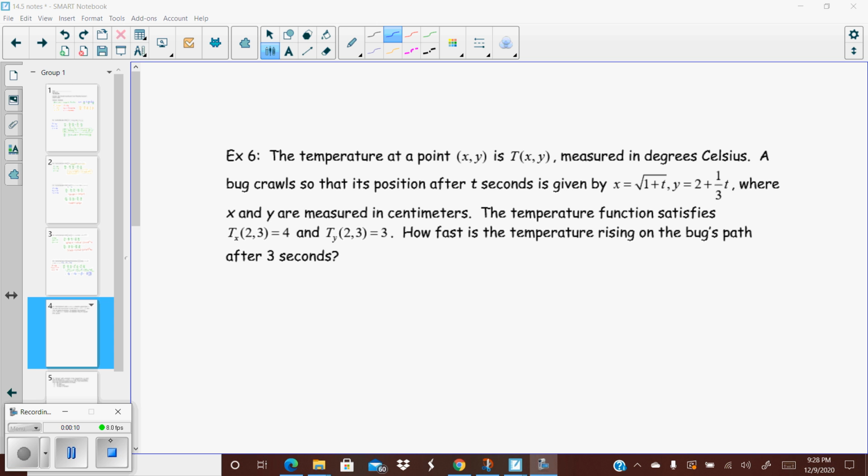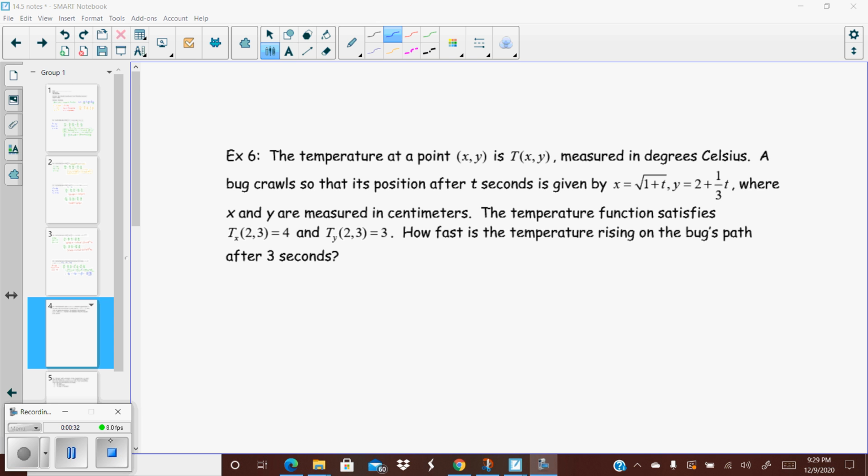This next problem, I always kind of giggle because for whatever reason, this is the common problem with this particular author. You get this problem about a bug's path. It says the temperature at a point x,y is T of x,y, measured in degrees Celsius.